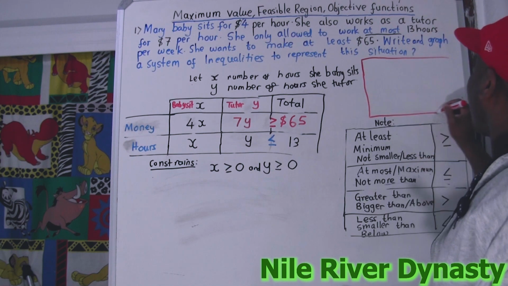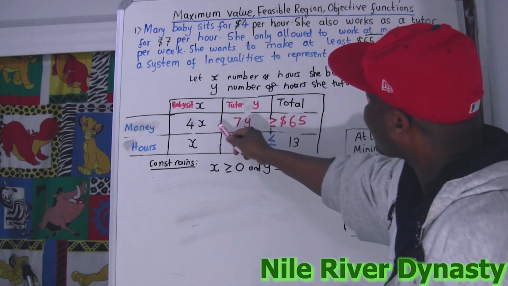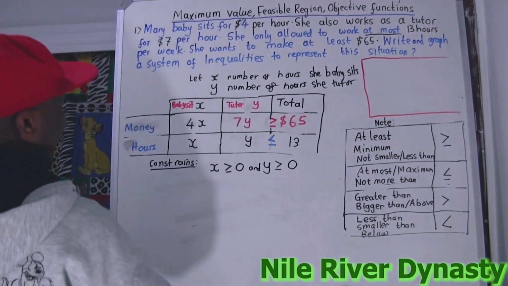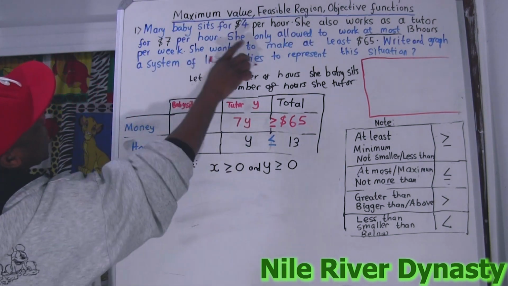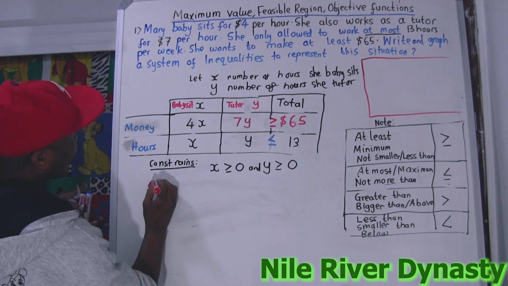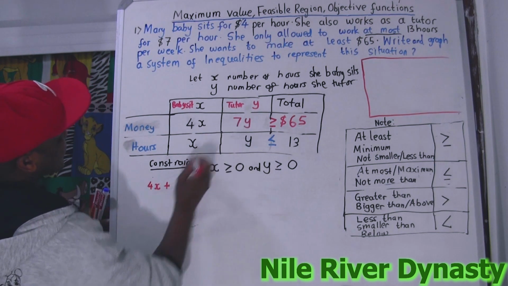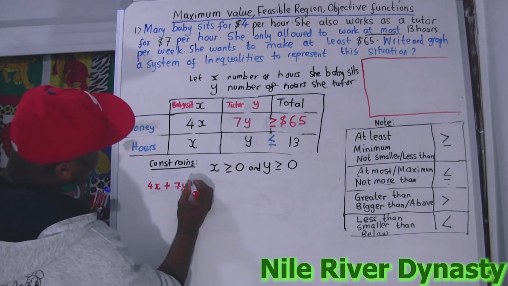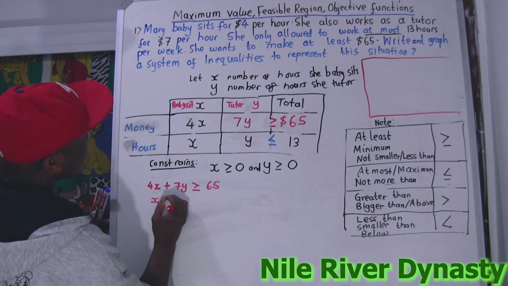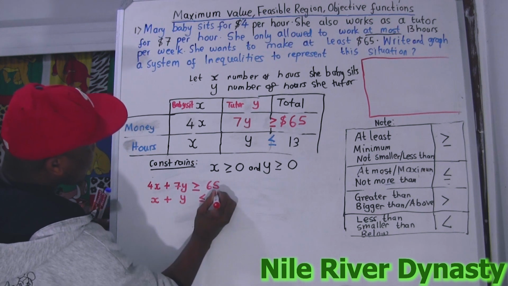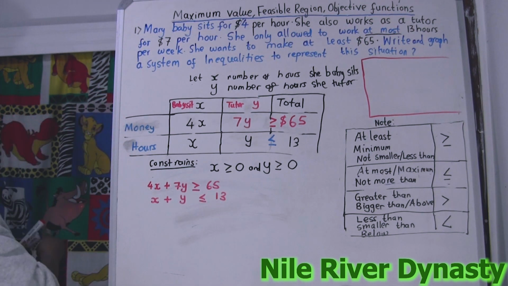Let's start with this one: x plus 7y equals 65. So this is for x. For the constraint x plus 7y greater or equal to 65. And the second one, x plus y less or equal to 13. Now let's start.